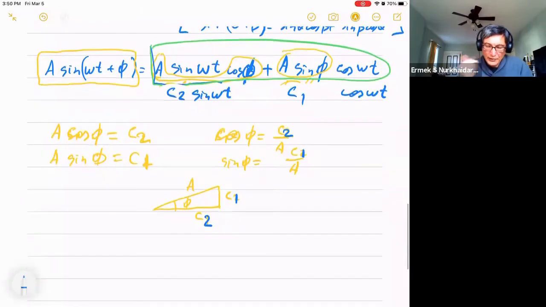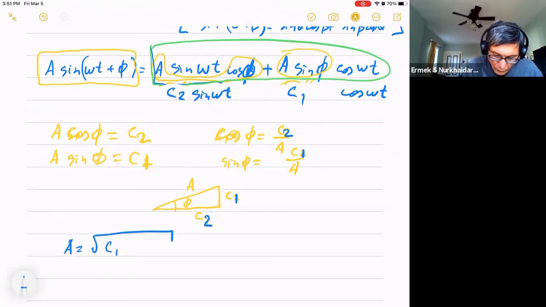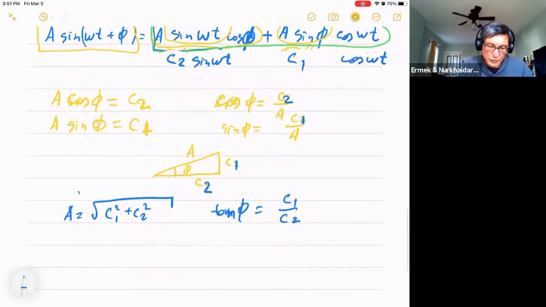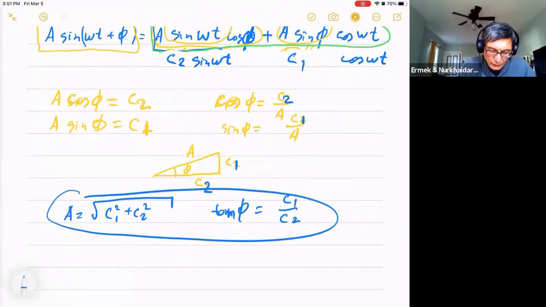And then if I try to solve a triangle, I can find that A equals the square root of C1 squared plus C2 squared, and tangent phi equals C1 divided by C2. So I should be able to write down my solution now in the form y equals A sine of omega t plus phi.